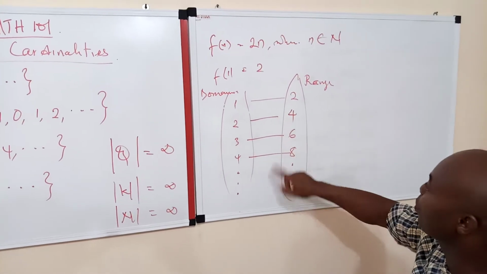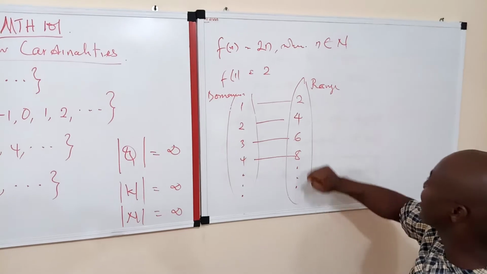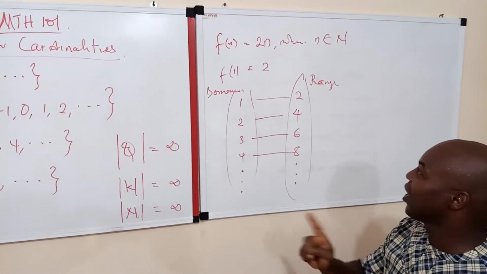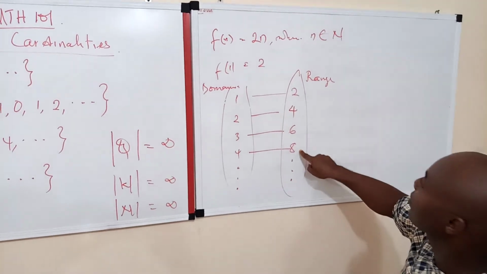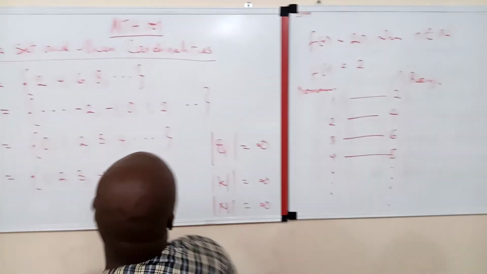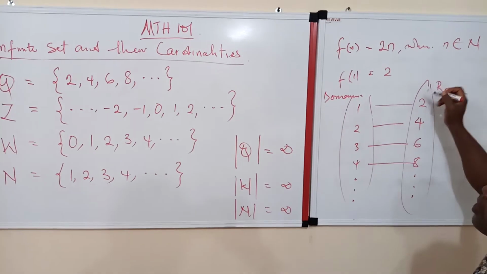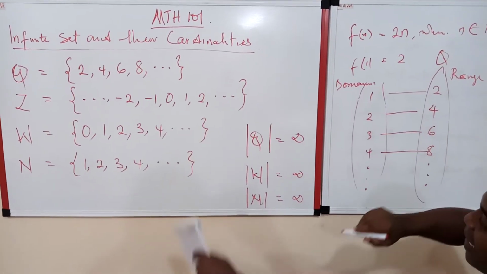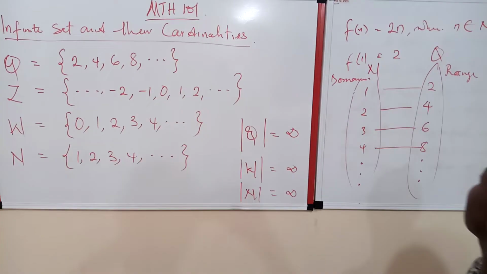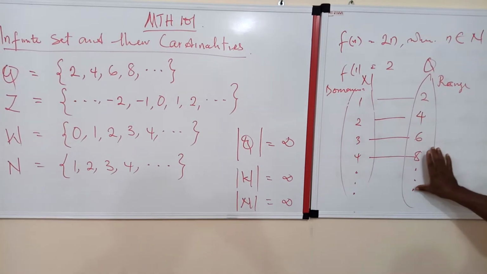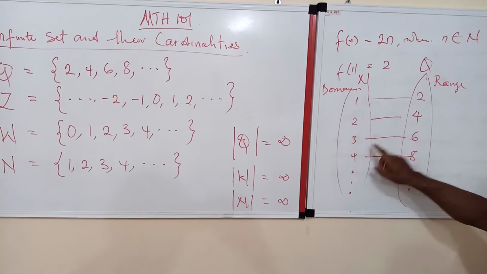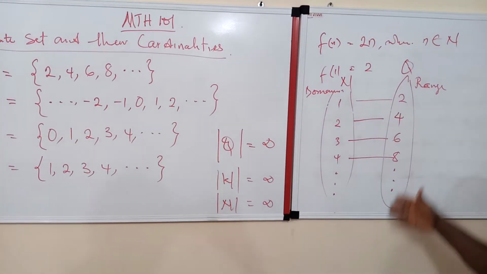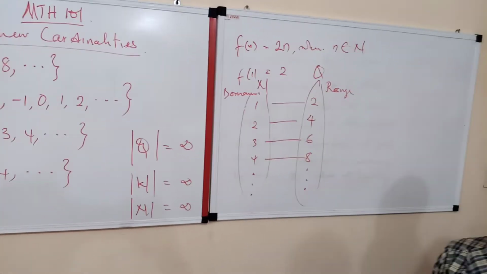Though, if you look at it properly, you can see that the range values, Q, the set of positive even numbers, are a proper subset of N, the set of natural numbers. But then they have the same cardinality.